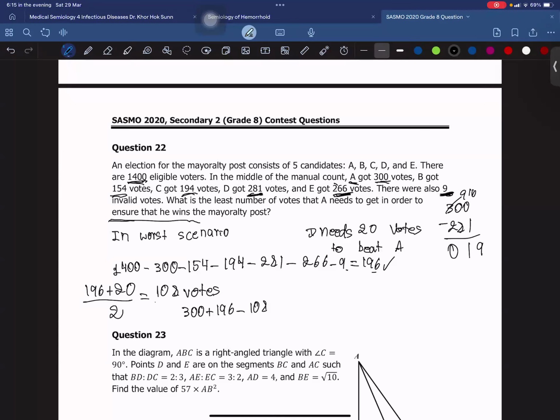That is the vote from the remaining plus the votes that D needs, 20 votes to beat A, and we need to add 1. Then we get 389. So that's going to ensure that A is going to win. Do you guys understand it?